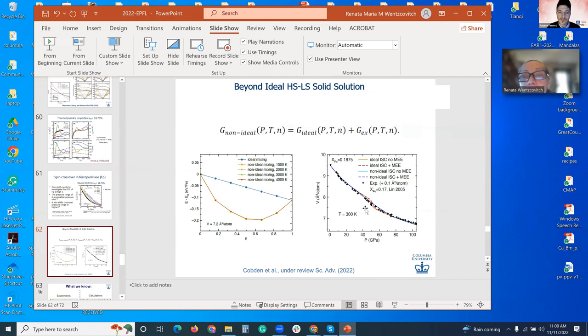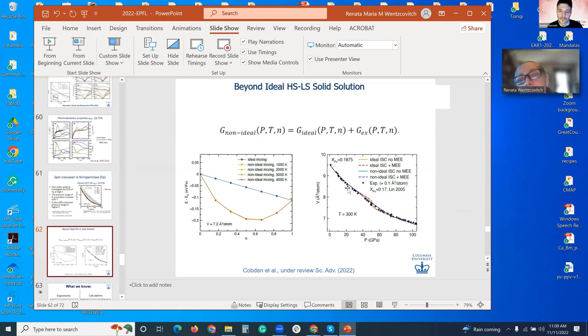And then the blue is the non-ideal, with magnetic entropy, without magnetic entropy. You see, it's in much better agreement with the experiment than the ideal solid solution. For the non-ideal, the interaction between iron, honestly, I don't have a model. I just have numerical brute force calculations for this particular case. That's all. It does matter in the compression curve.